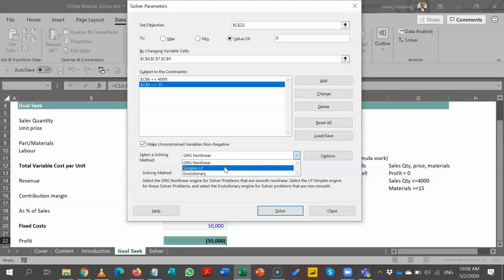In most of the cases that we use solver, any of these two is fine. So if yours is a straightforward case, you can use simplex LP. If you have some points that are not smooth, you can use the GRG nonlinear. But in most cases, the first default one is fine. You don't have to bother about this. So when you are done, you click solve.